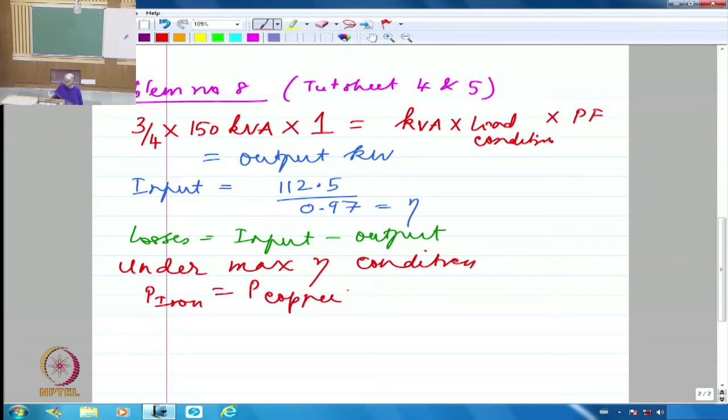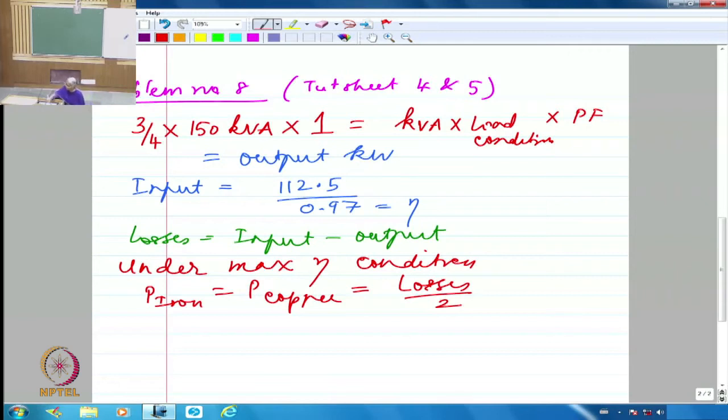So this will be actually losses by 2, because total losses are only considered to be iron losses and copper losses. If they are equal, I should have the total losses at maximum efficiency condition divided by 2 will give me the actual losses of iron and copper.